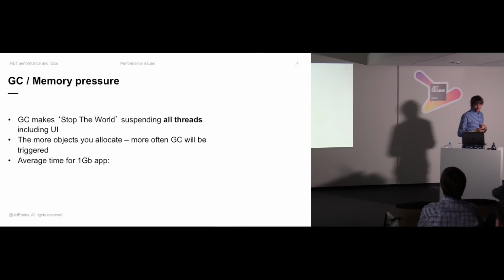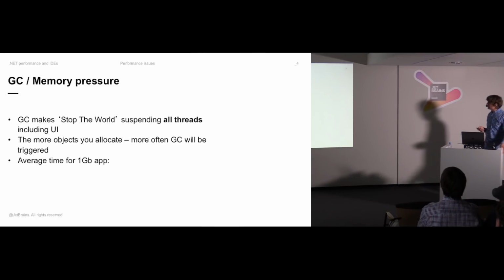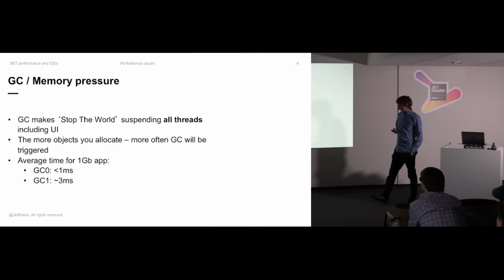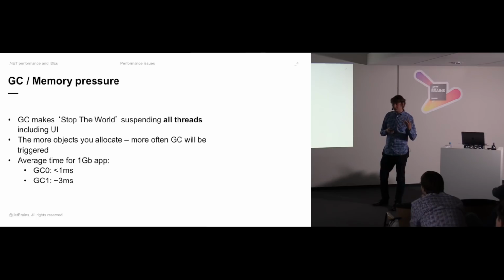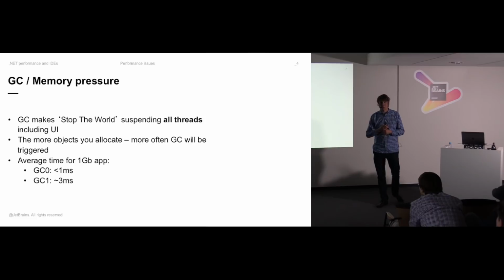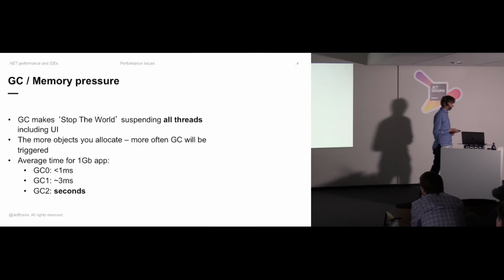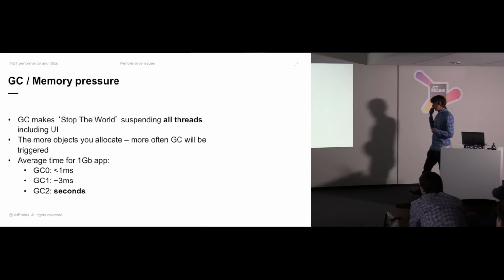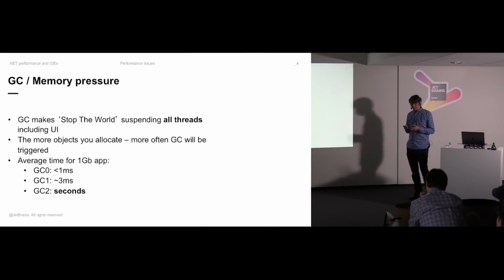When we talk about the average time, Microsoft promises that garbage collection 0 should work for microseconds, not milliseconds, but anyway less than 1 millisecond. Garbage collection 1, we measured, works approximately 3-5 milliseconds for a 1 gig desktop application like Rider. The important thing here is that garbage collection 2 can work for seconds.